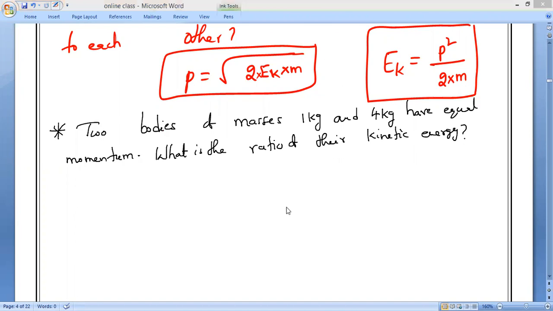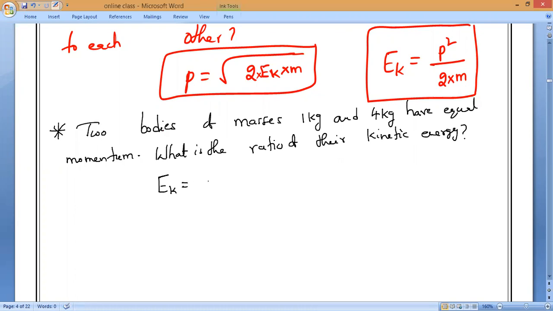Very simple. We all know kinetic energy is equal to what? mv square. But here they are not giving velocity. Instead of velocity, they are giving momentum. So what is the relation between kinetic energy and momentum? Kinetic energy is equal to p square by 2 into m.